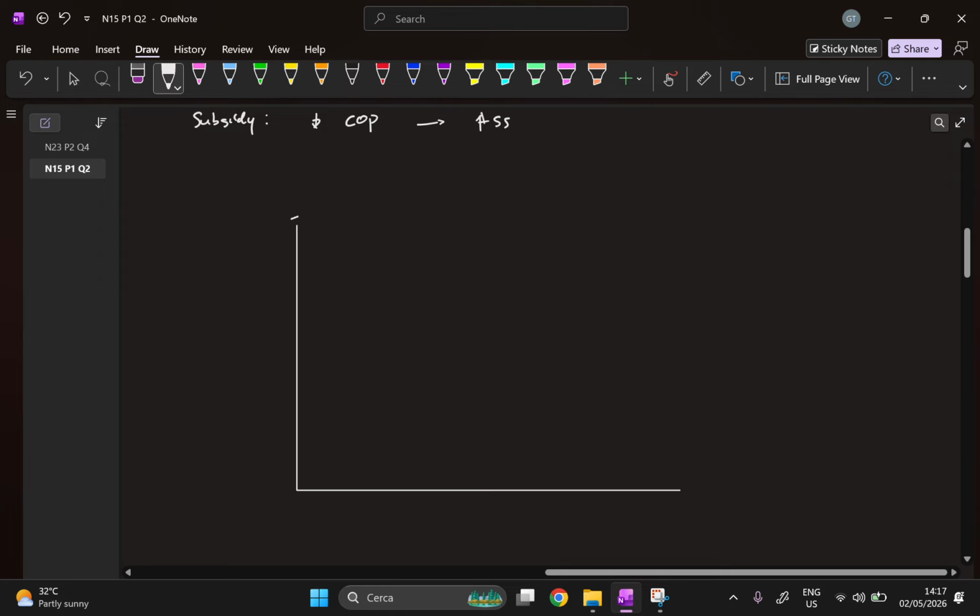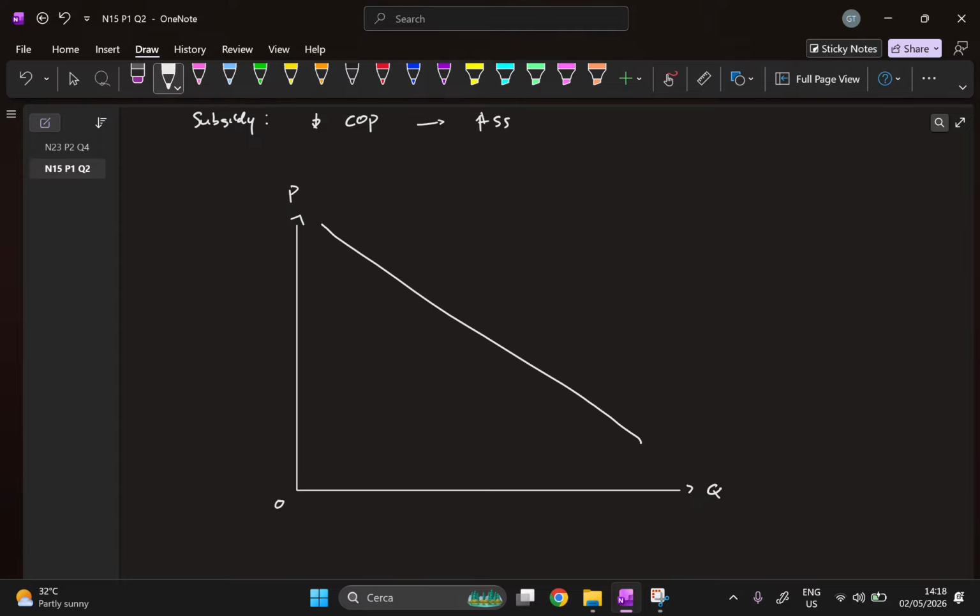And just remember, even though we come across subsidies in macroeconomics as well, ultimately, a subsidy can only be given to a producer for one good or one type of good. So this is still a microeconomic analysis because you are just drawing the diagram for one market, okay? So our demand does not change, okay? Subsidy cannot affect demand.